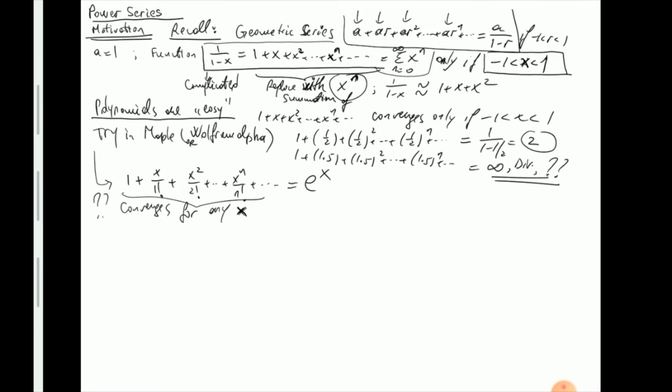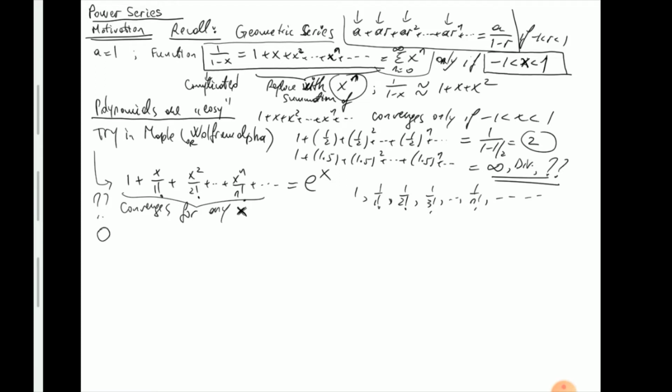But here the coefficients in the case of e to the x were 1, 1 over 1 factorial, which is also 1 but written like that to see the pattern, 1 over 2 factorial, 1 over 3 factorial, 1 over n factorial, and so on. So there are powers of x, but the coefficients seem to be depending on n in general.